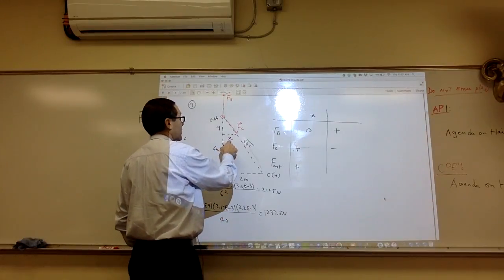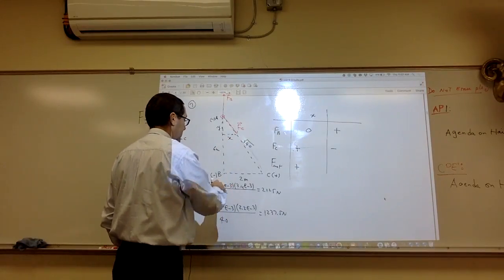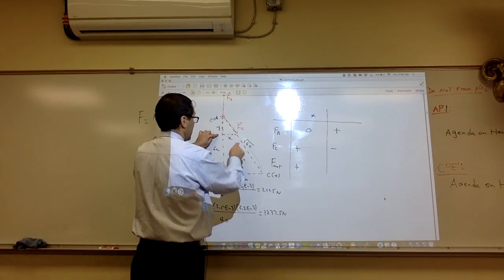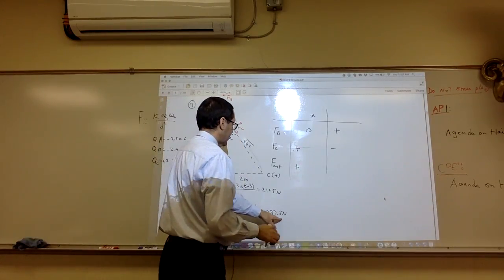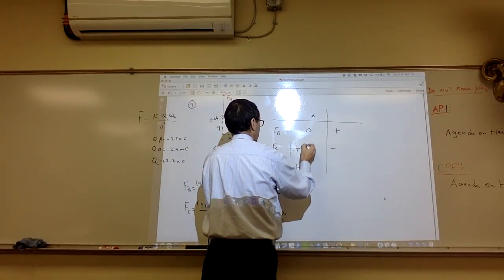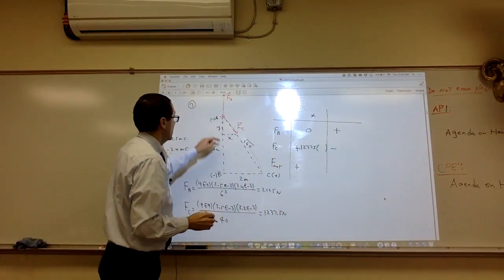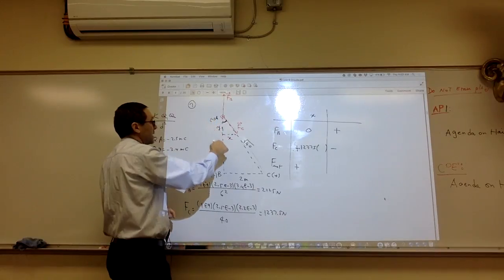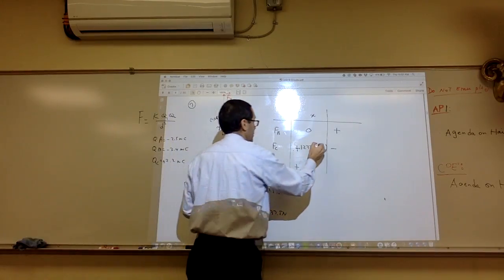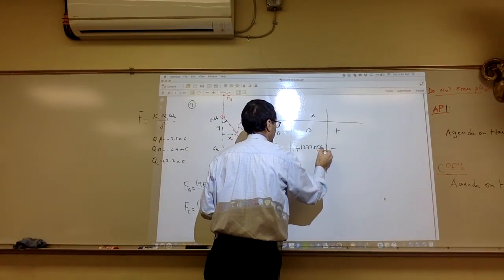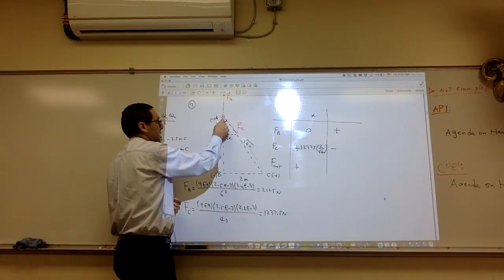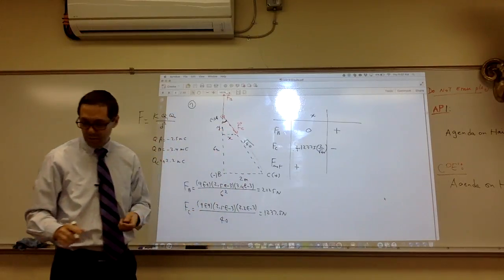So the X component will be FC, 1237.5 times the sine of this angle here. I don't have to find that angle technically. The sine of that angle is just 2 over radical 40, right? Because this small triangle here and the large triangle are similar triangles, okay?